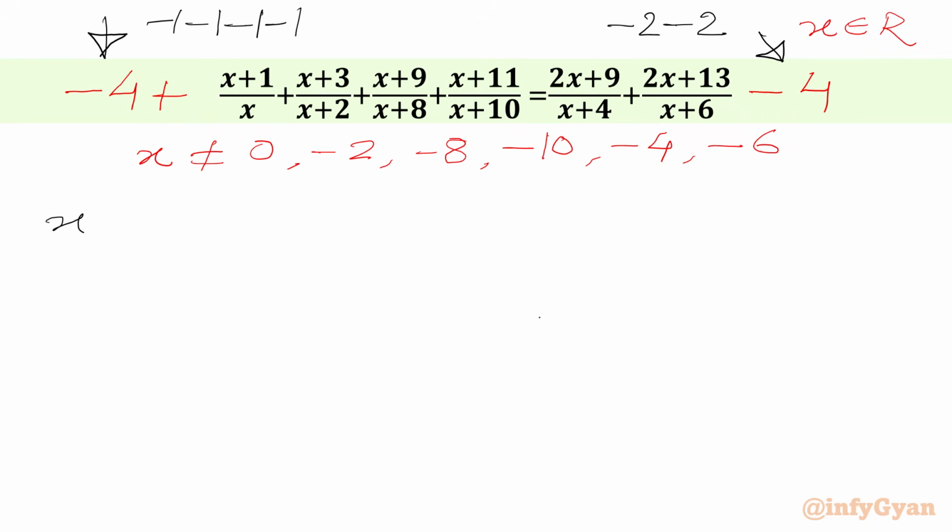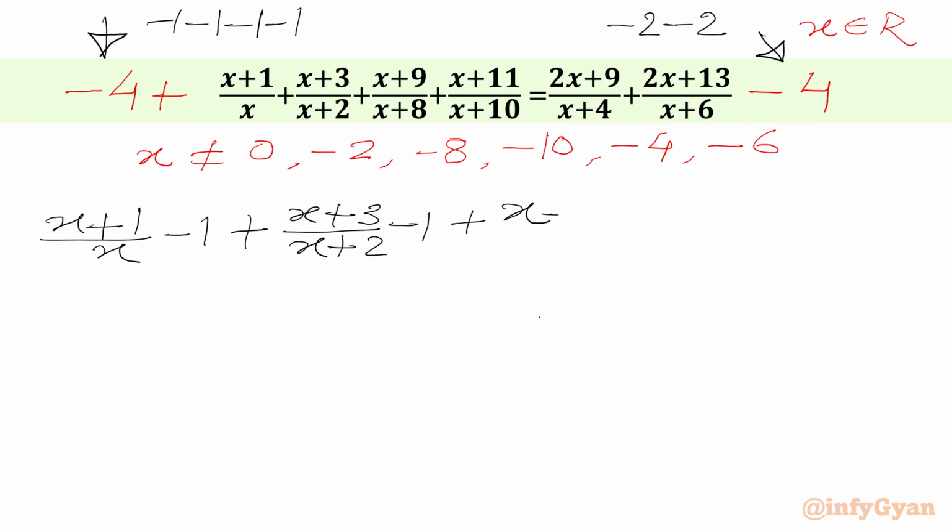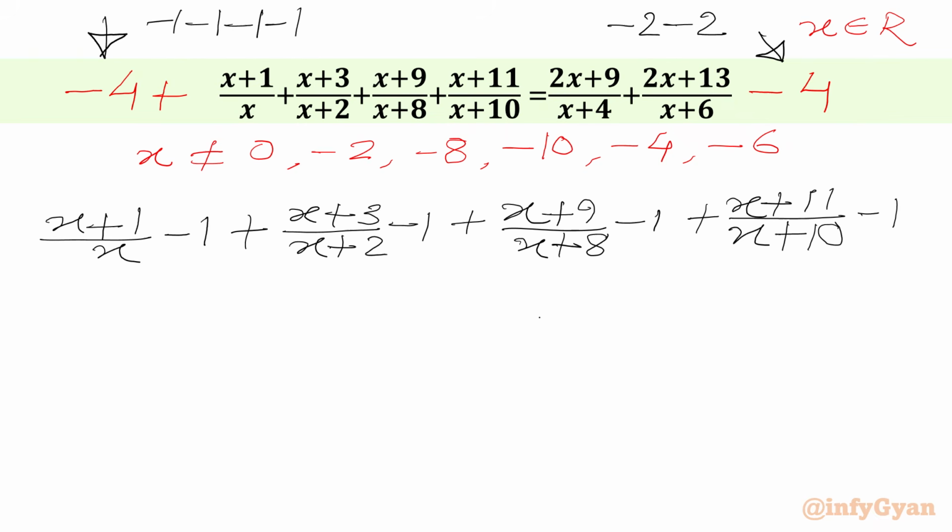We will get x plus 1 over x minus 1, plus x plus 3 over x plus 2 minus 1, plus x plus 9 over x plus 8 minus 1, plus x plus 11 over x plus 10 minus 1. This is our left hand side.